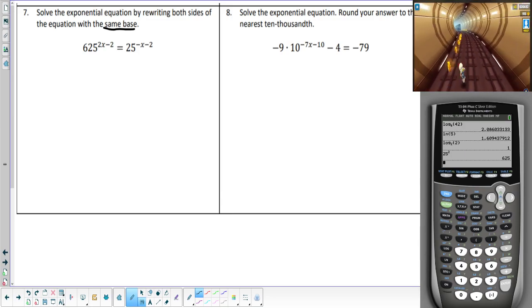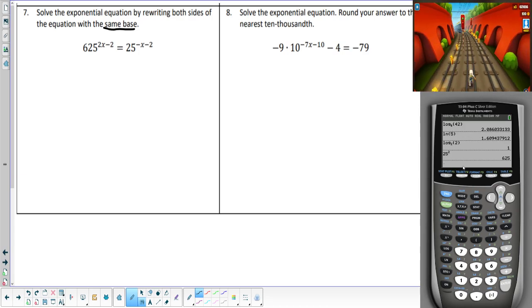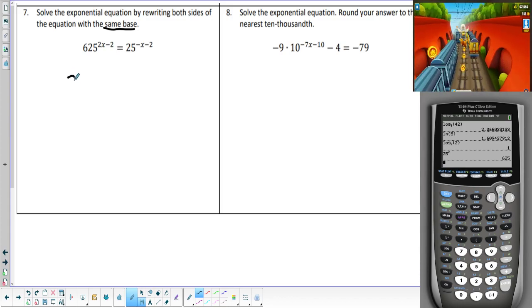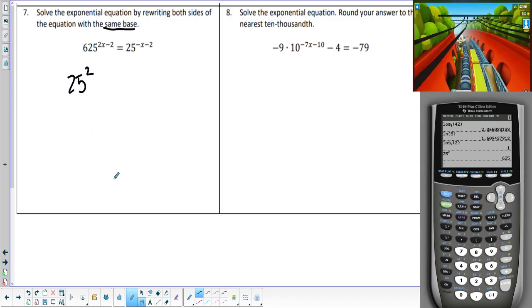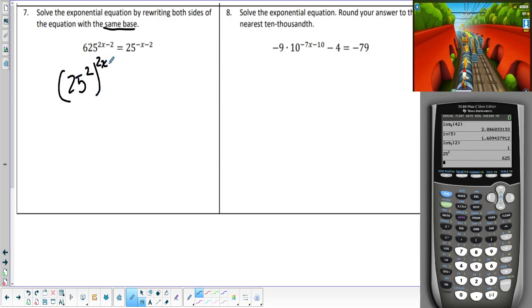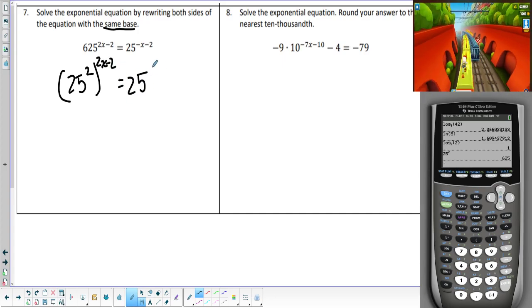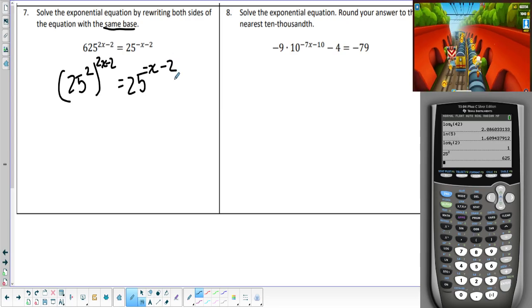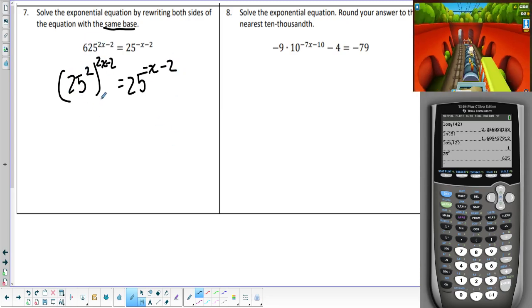So currently, we have 625 to the power of 2x minus 2. However, I just saw from my calculator that 25 to the power 2 is equal to 625, which means 25 to the power 2, to the power of 2x minus 2, is equal to 25 to the power of negative x minus 2, right? I basically just said 625 is equal to 25 squared.